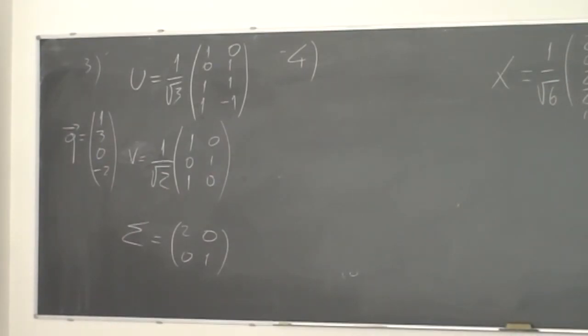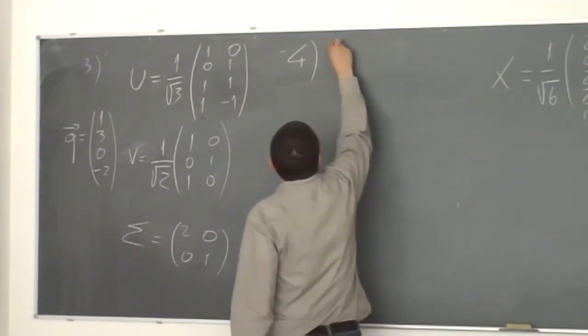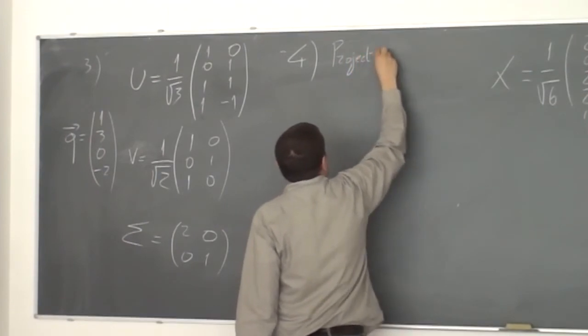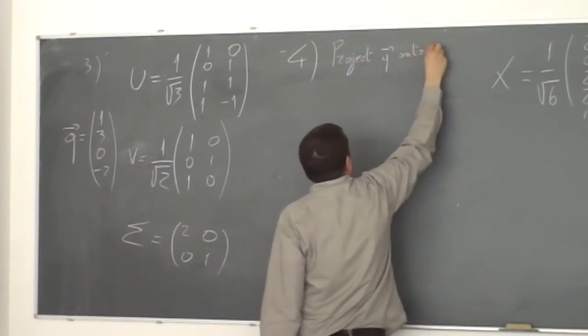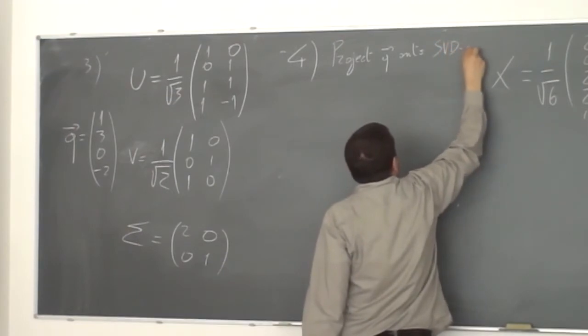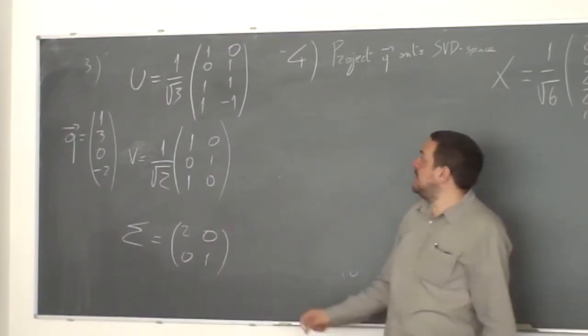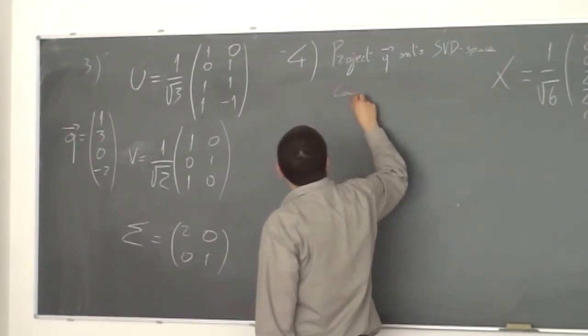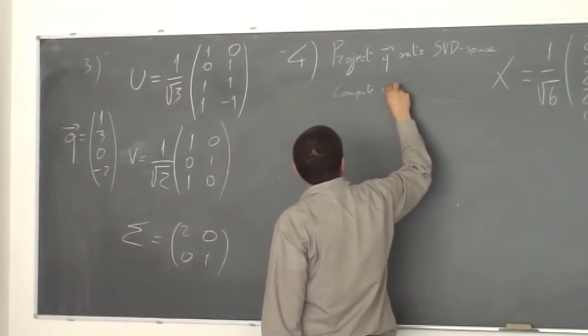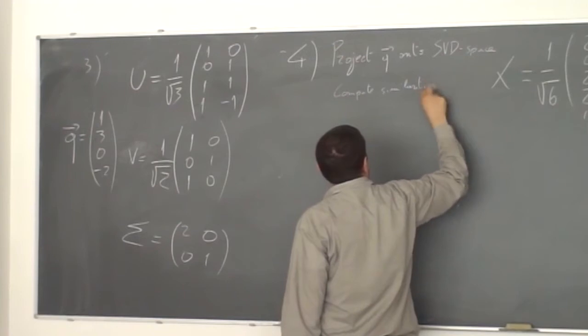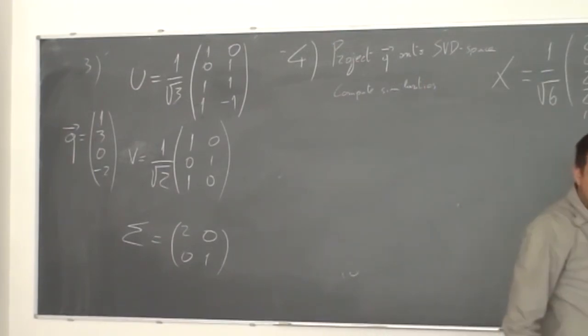The next question was: project Q onto the SVD space and compute the same similarities as in point 2.